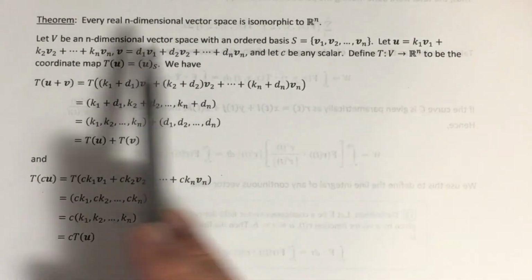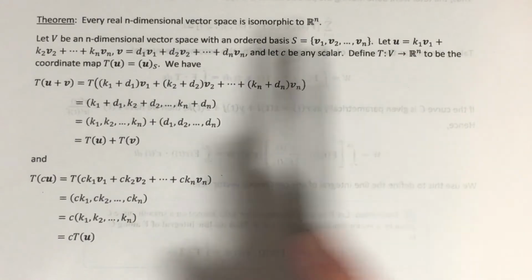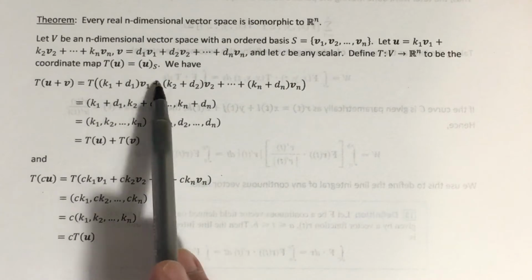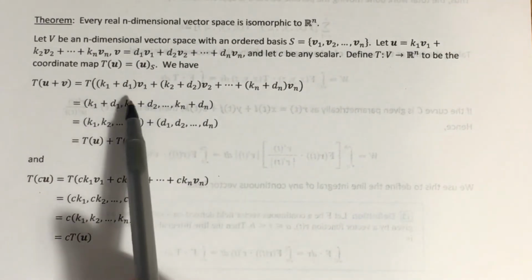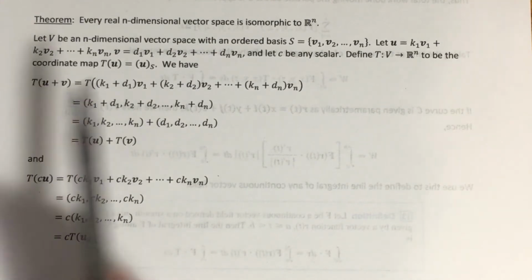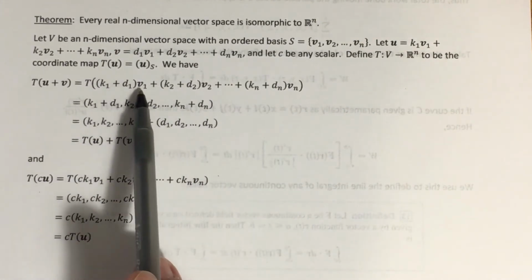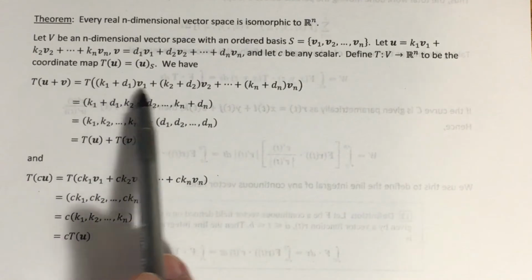So if I'm adding these, I can add basically by combining like terms, K1V1 plus D1V1, or factoring the V1 out, looks like K1 plus D1 times V1, and same for all the other coordinates. So now what I have is a function T, we don't know that it's linear yet, of a vector that is given as a linear combination of those basis vectors, V1, V2, all the way through Vn. What does T do to those types of vectors?